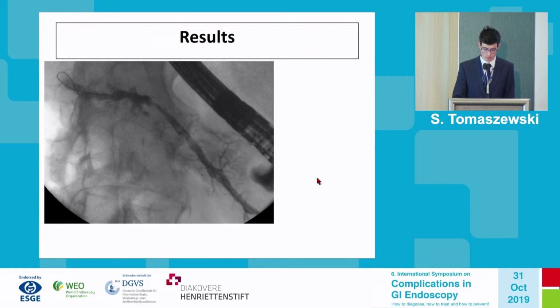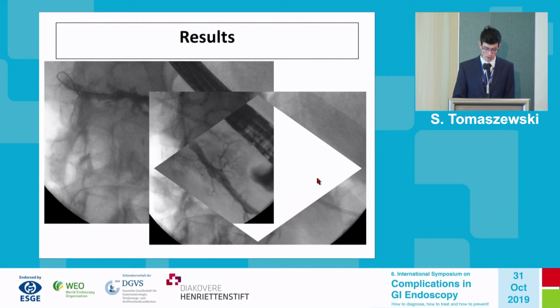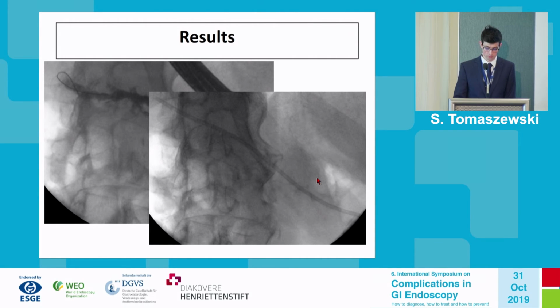This is another patient with a fragment of the prosthesis in the tail of the pancreas. It is the only example of the use of a polypectomy snare, because it was a problem to retrieve it with a rat tooth forceps or a Dormia basket.